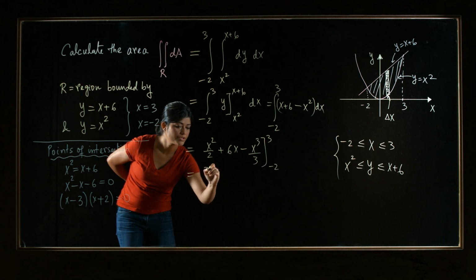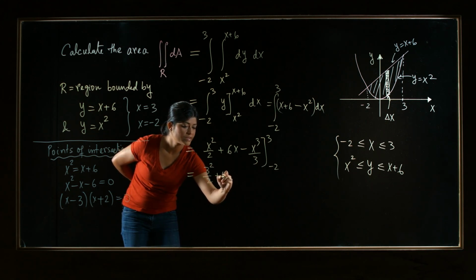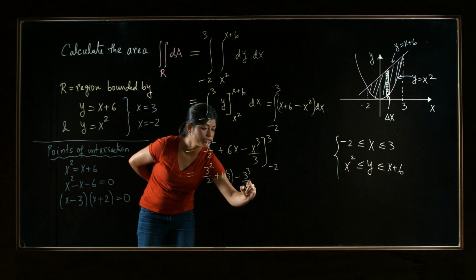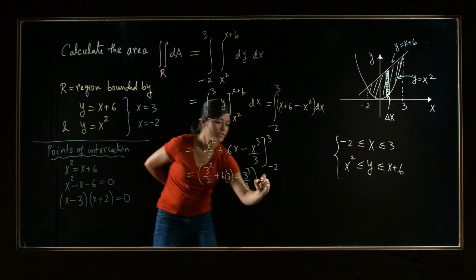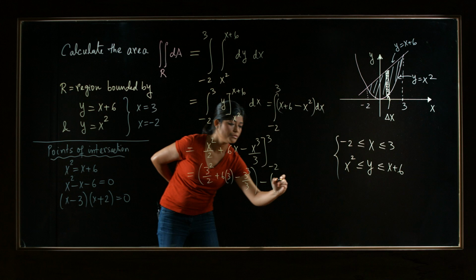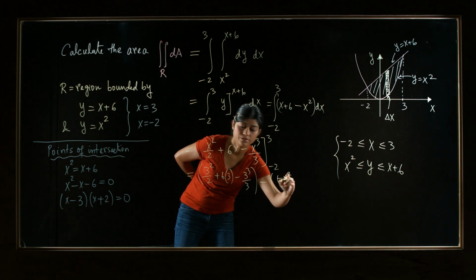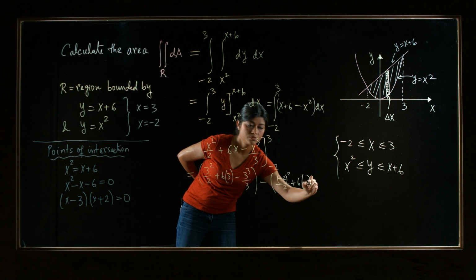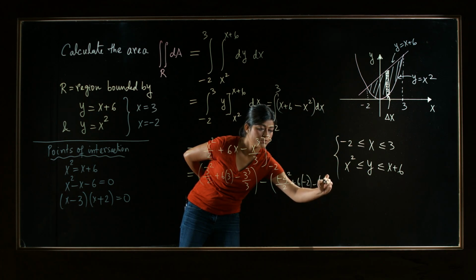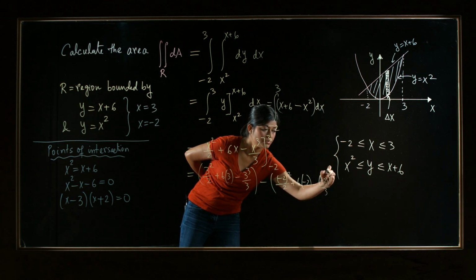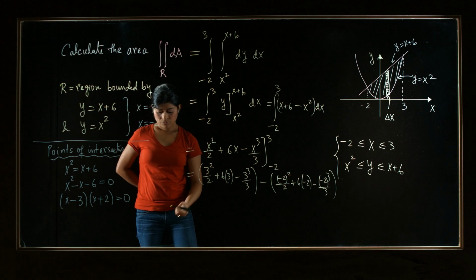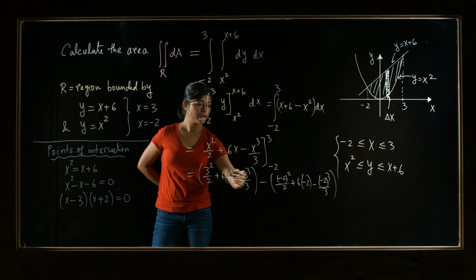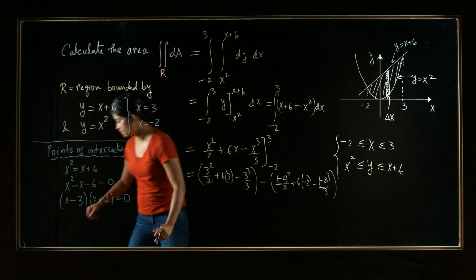Okay, so we have 3 squared over 2 plus 6 times 3 minus 3 cubed over 3. And subtract when you plug in negative 2 for x. So negative 2 squared over 2 plus 6 times negative 2 minus negative 2 cubed over 3. And now you can just pick up a calculator and calculate this value right here.